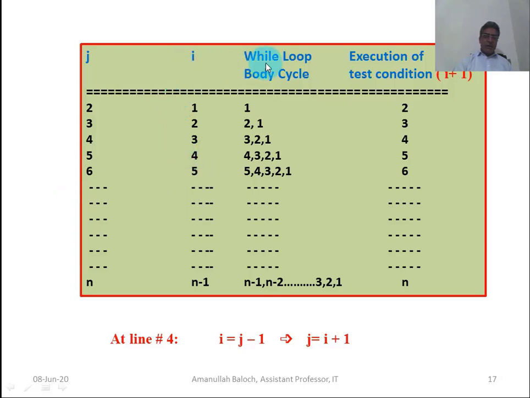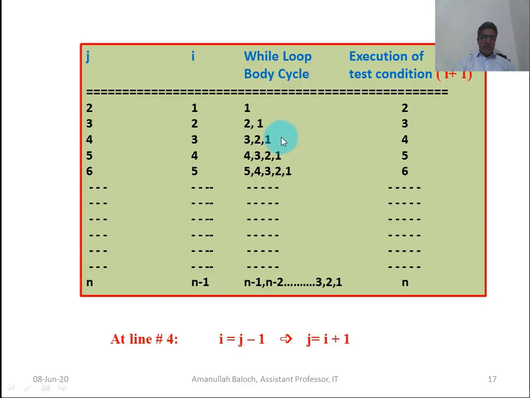I is controlling the while loop, so 1 means 1 cycle of the while loop, 2 means 2 cycles. For I equal to 2 and I equal to 1, the while loop will execute, and for I equal to 3, the while loop will be executed. For I equal to 2, the while loop will be executed, and for I equal to 1, the while loop will be executed.